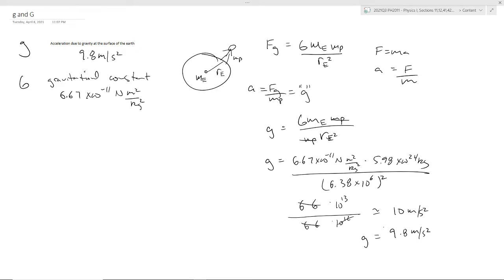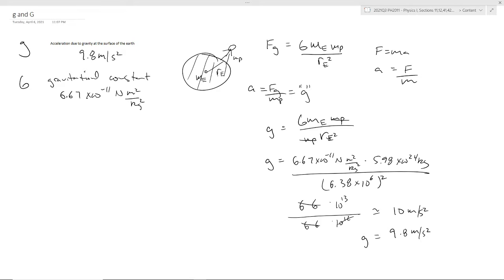Now you might think this seems kind of weird because the Earth has volume, right? So does that matter? And the short answer is no. And if you're interested in this issue, you can actually look into it in more detail in the book.